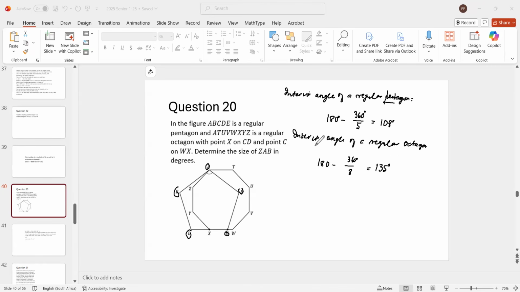I needed that. The reason for that is I'm going to calculate, if at some point X here, with X on CD and C on WX.